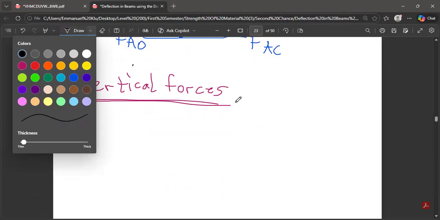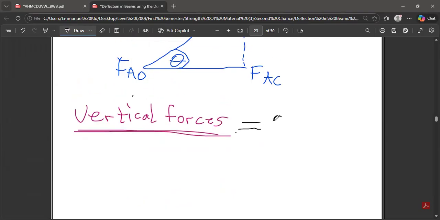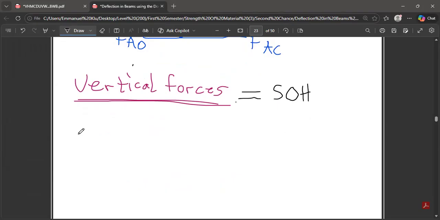For the vertical forces we want to use what? Sine. So we are going to use SOH, and SOH is sine. Sine theta is equal to opposite over hypotenuse.